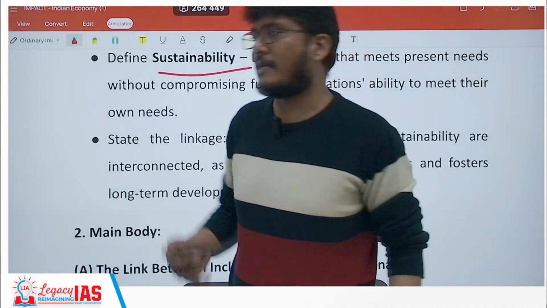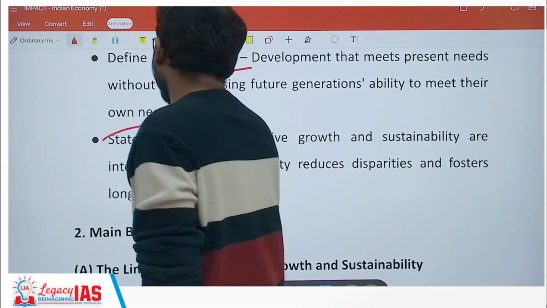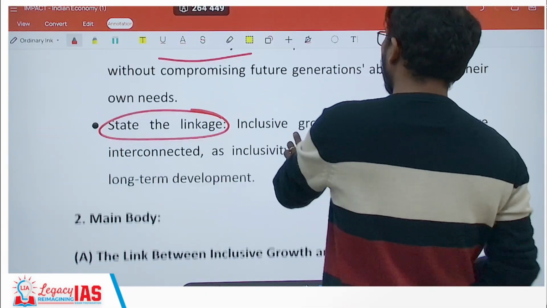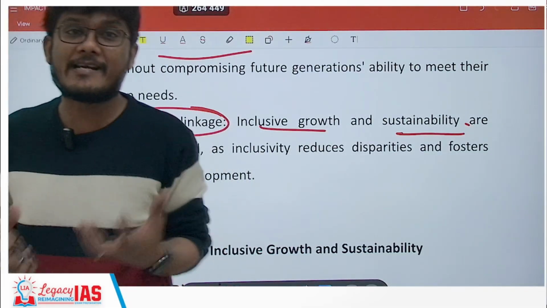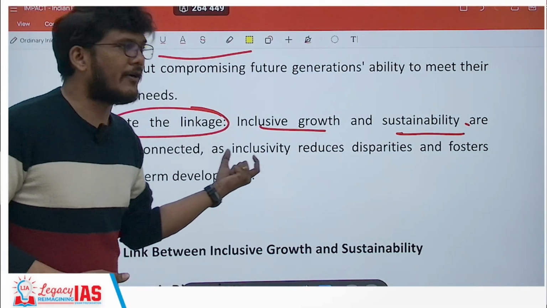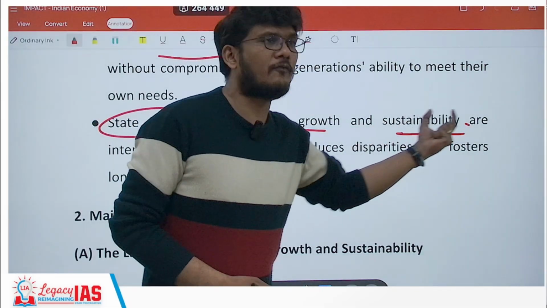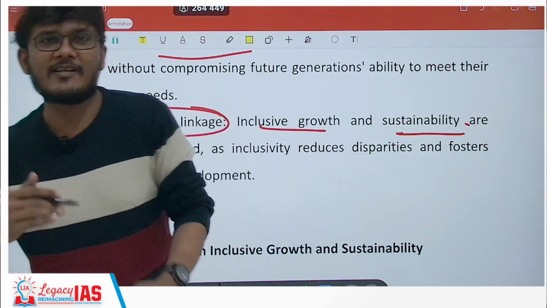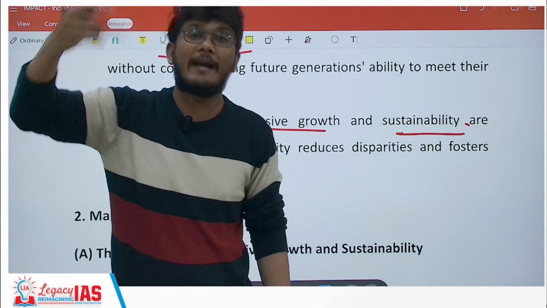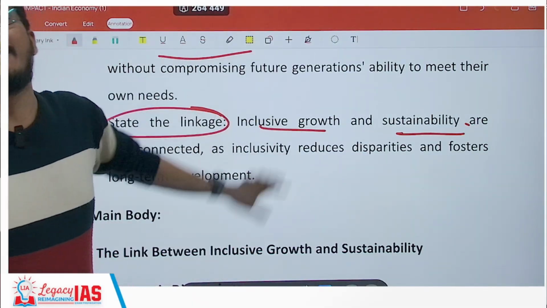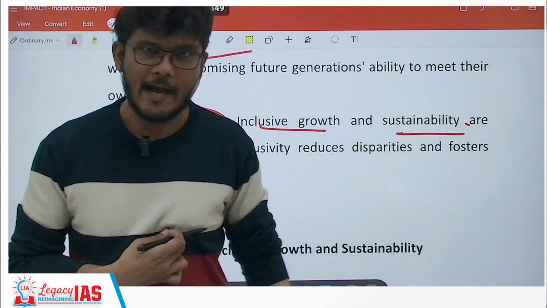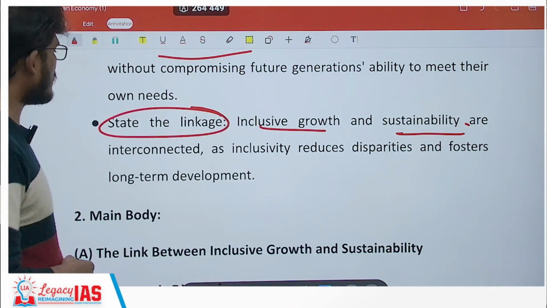A better way could be, can you talk about the linkage between the two, that is inclusive growth and sustainability, how they are interconnected. If you write an introduction connecting inclusive growth and sustainability, that sets a good platform for you to build on your answer of agreeing with the statement that was given. I hope that is clear. So what can be our introduction?